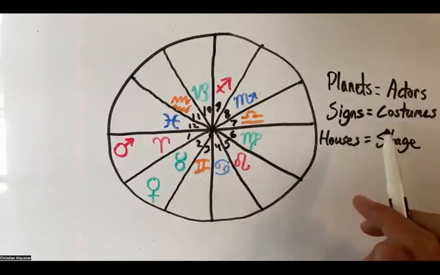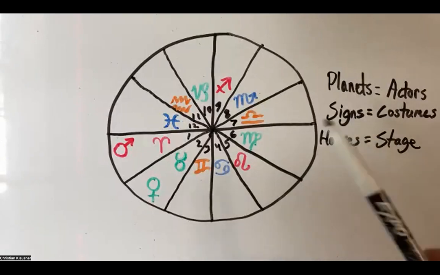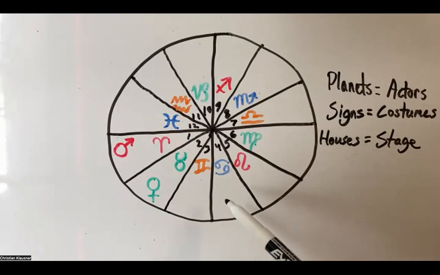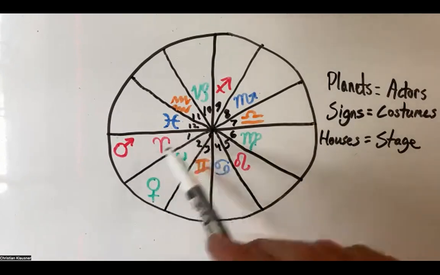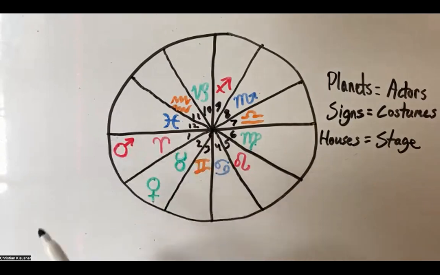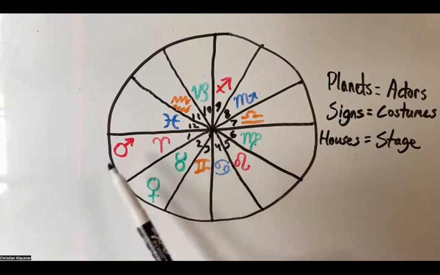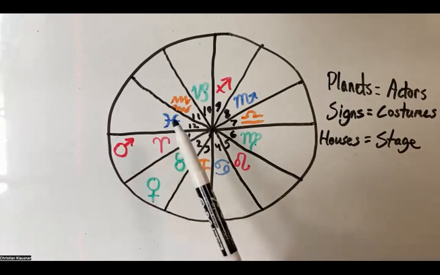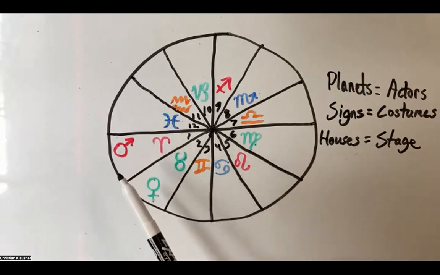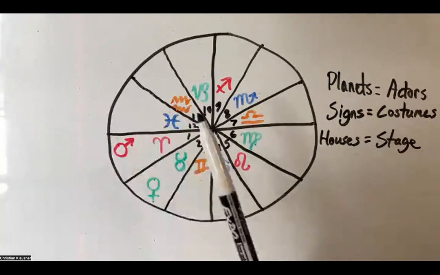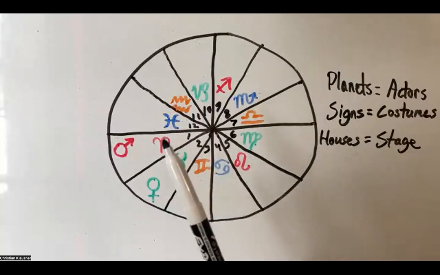Okay? So basically, you could have Cancer in the first house. Your first house could have the sign Cancer, and you could have Mars in Cancer in the first house. So the actor would be Mars, your drive for action, wearing the Cancer costume of being maternal, protective, security driven, and in the first house.